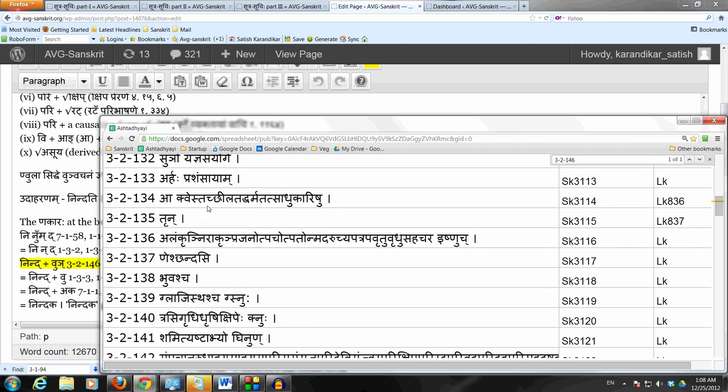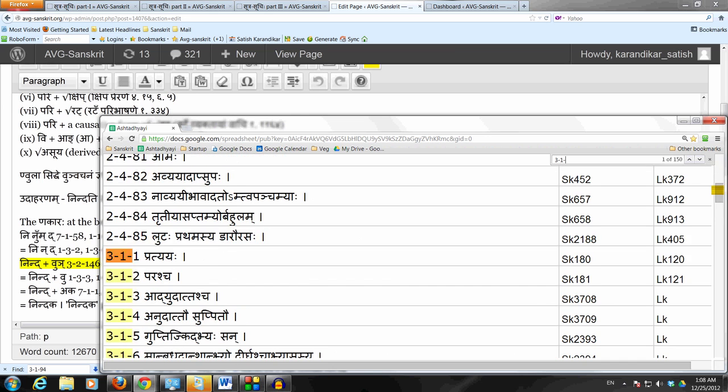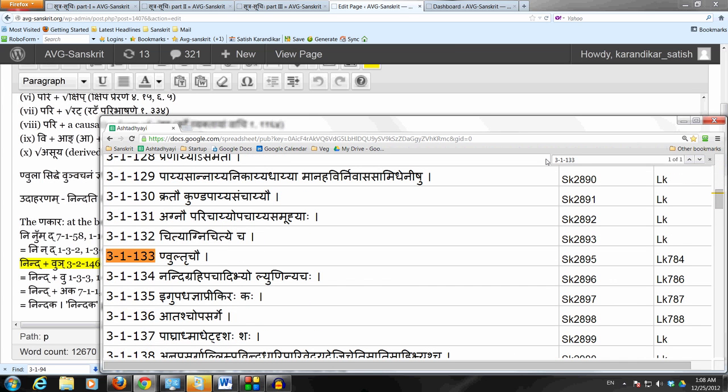So those affixes which were prescribed prior to the adhikara of 3.2.134, the affixes trich, etc., starting from 3.1.133, cannot be used in these meanings of an agent who performs the action as his nature or habit or sense of duty or skill.